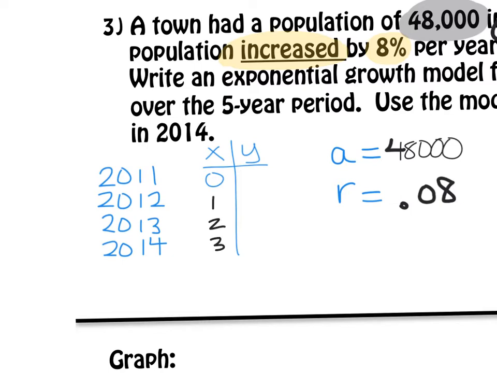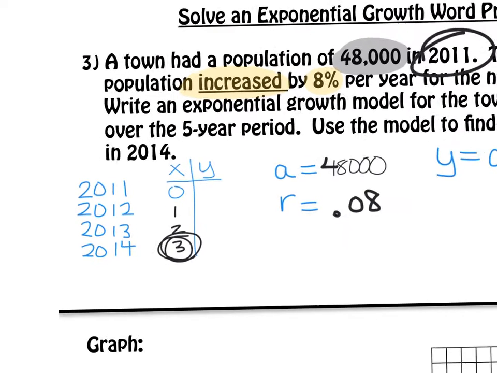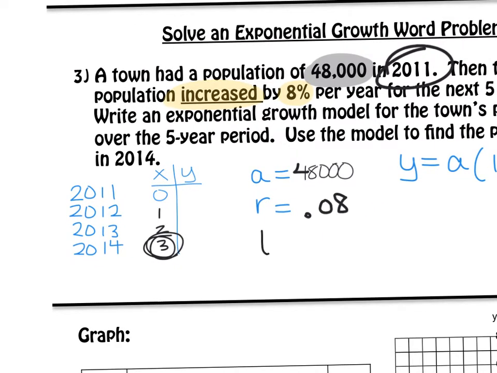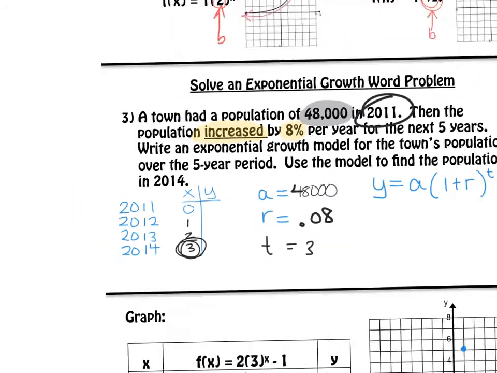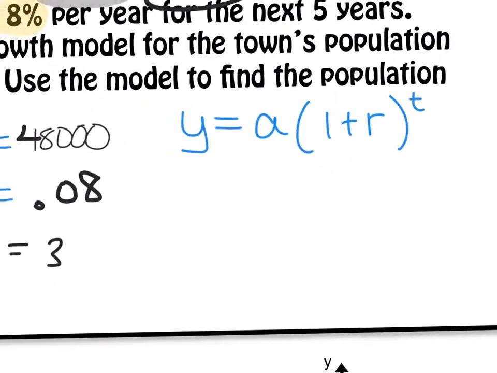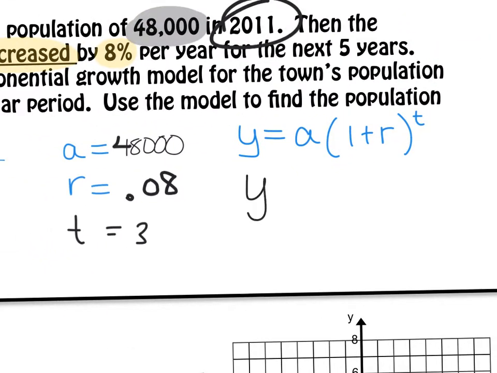So based on the question, we need to make sure that we plug in t equals 3 to answer the question. So when I look at all these, I have 48,000 times 1 plus 0.08 to the third.